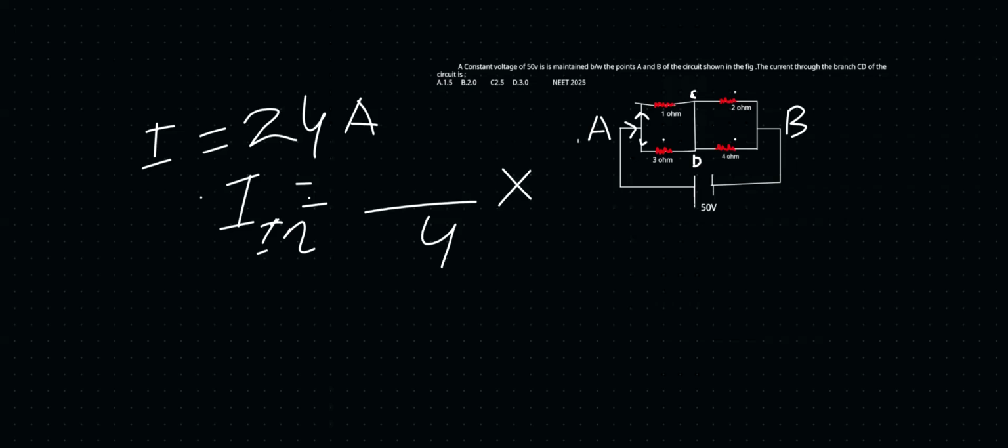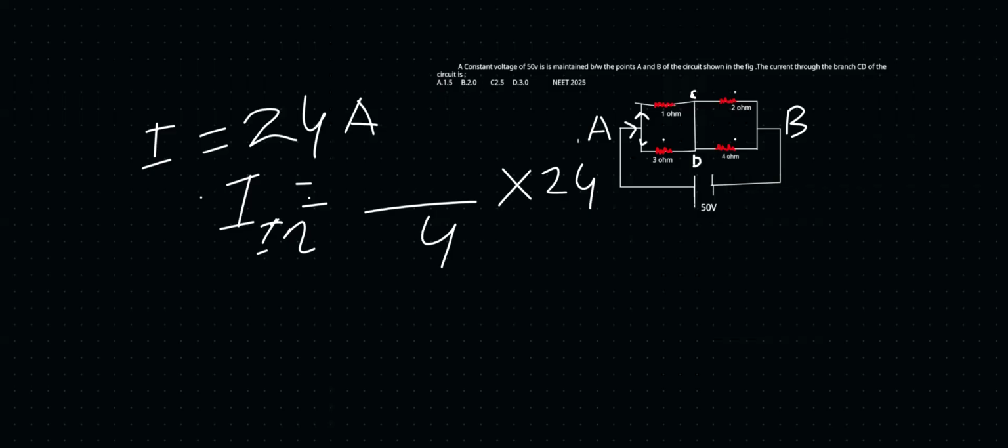This is very important to understand. Some people might write 1 into 24 divided by 4.